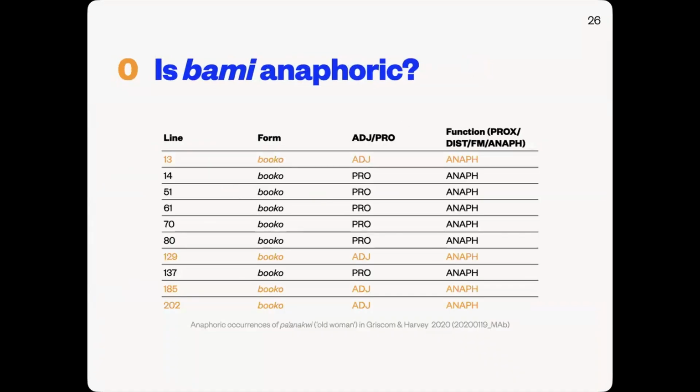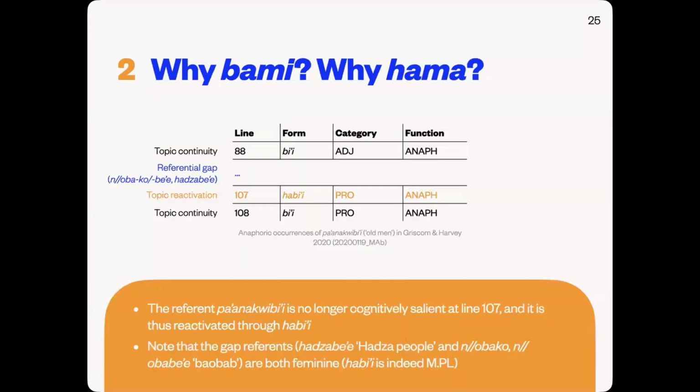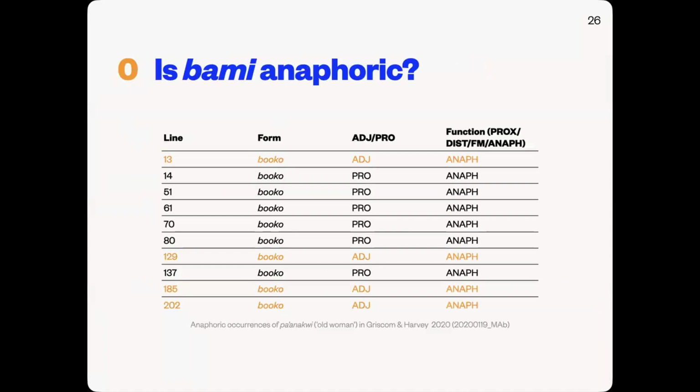And I want to make sure you bear in mind that this is not just a matter of referential distance, because, for instance, this is a table I showed you before. We have some greater referential distance, such as 137185, but there is no switch to a hama demonstrative.